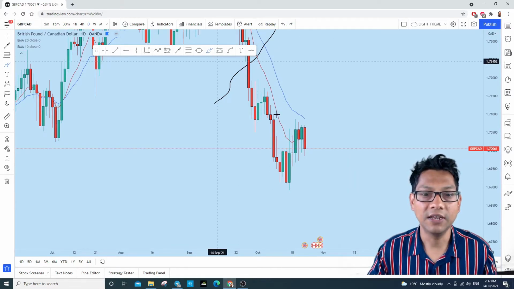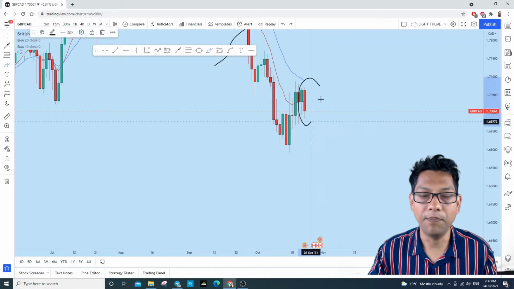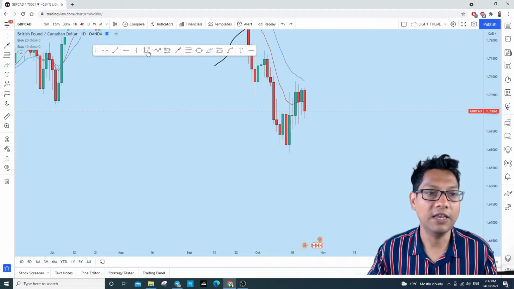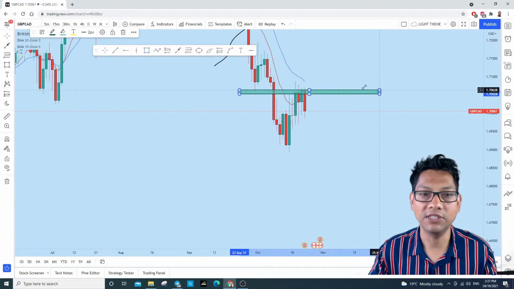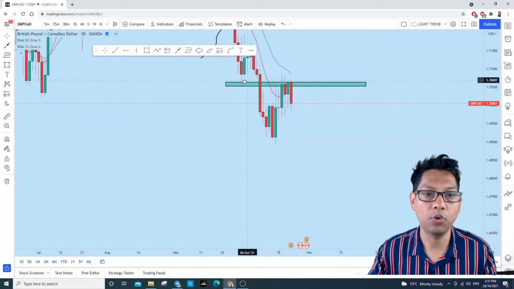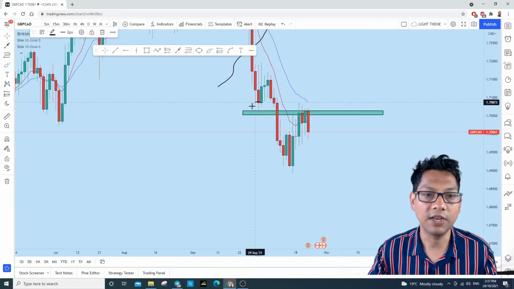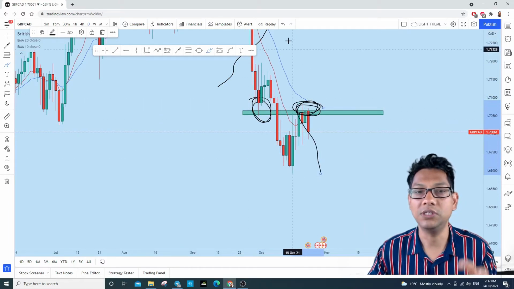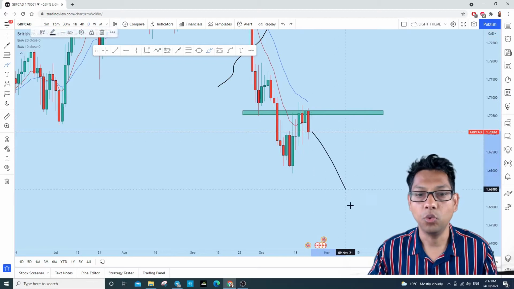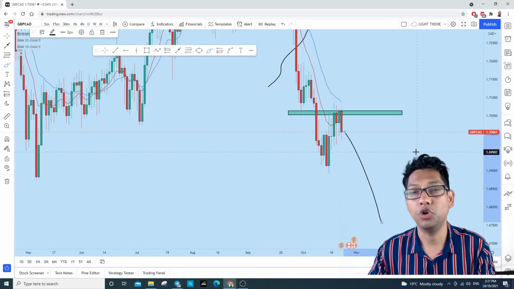There is a double top followed by a bearish engulfer at an important level of resistance. This was a support on the daily that has now acted as a resistance, and we see a drop. Now from here we might see a massive drop to the downside.